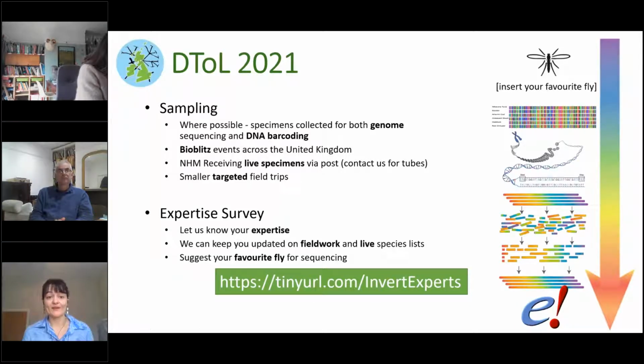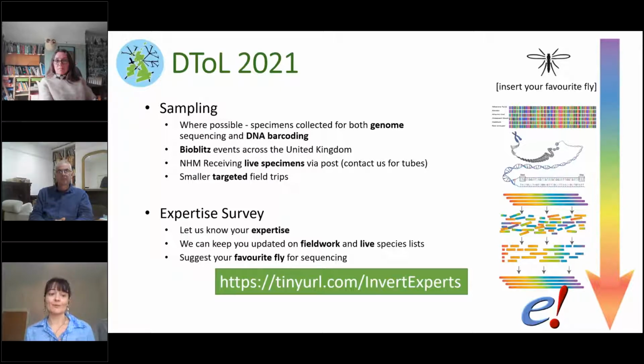So, DToL 2021 for sampling, where possible, as I did mention before, we're trying to collect more than 1 specimen of each species, some for genome sequencing. Also, if it's very small, we may need a bit more tissue, but at least 1 for genome sequencing and at least 1 for DNA barcoding, so we can have this morphological voucher.